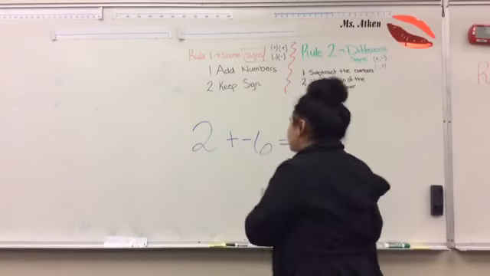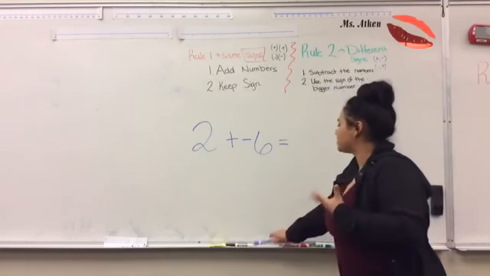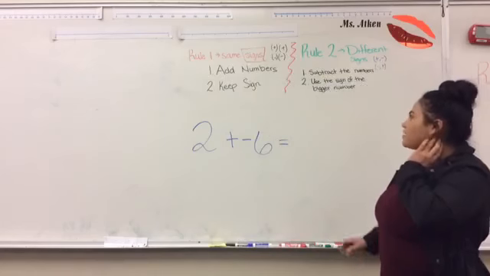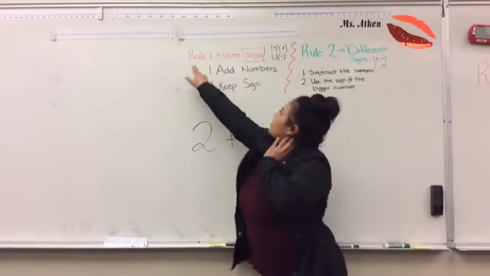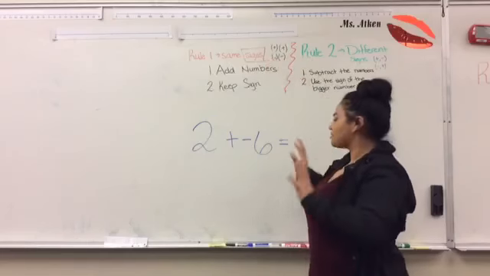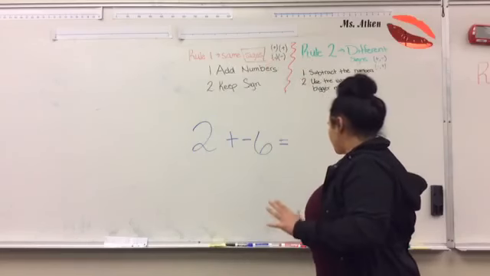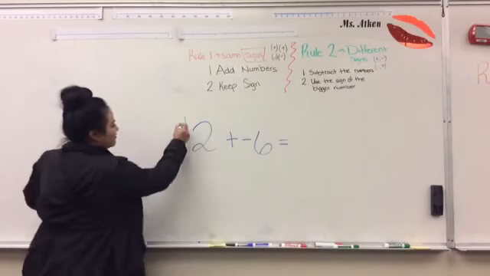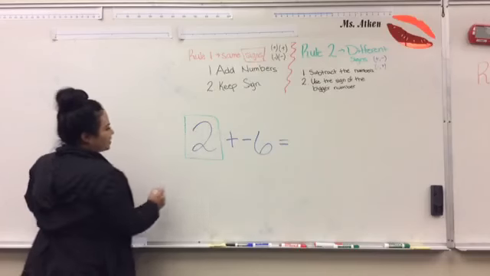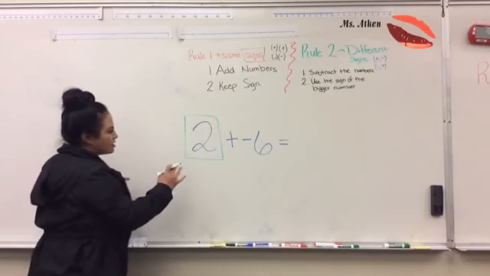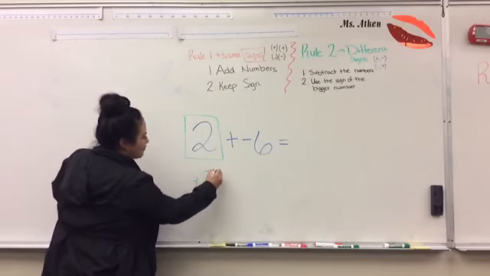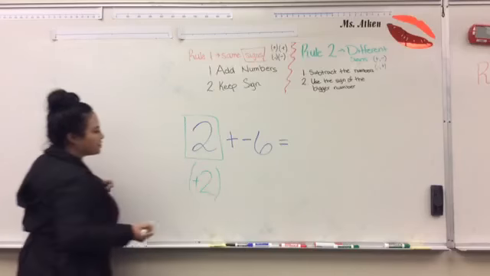Oh man, this problem looks a little hectic, but I know I can do this. Before I figure out if I'm going to use rule number 1 or rule number 2, I need to rewrite it. There's nothing in front of the 2, so I know it's a positive 2, and another way I could write positive 2 is plus 2, with parentheses.